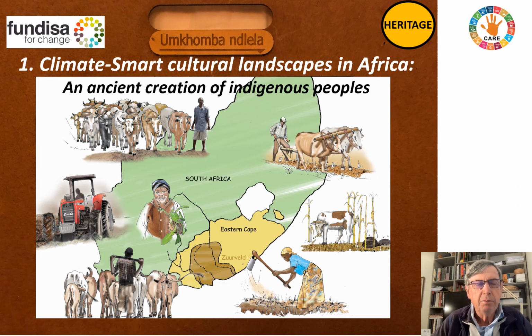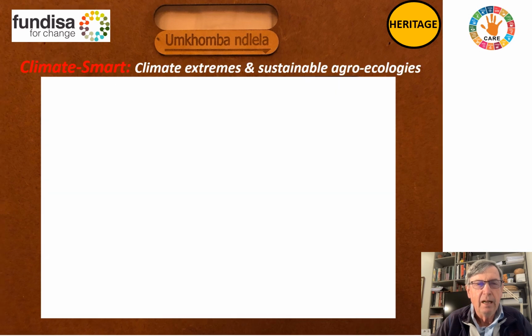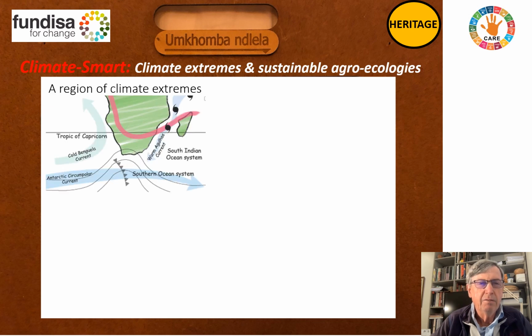If we jump straight into looking at climate-smart agriculture in a Southern African context, you've got it as an ancient creation, this landscape of indigenous peoples within the climate extremes as sustainable agroecologies that lasted for hundreds of years.